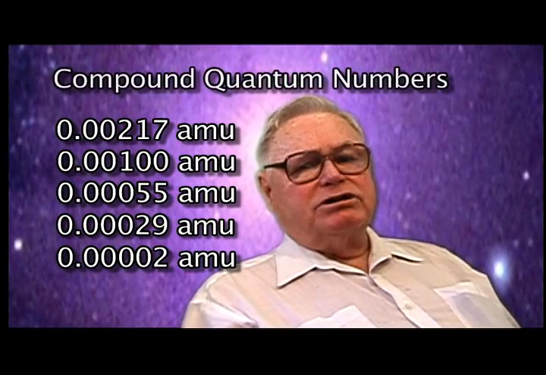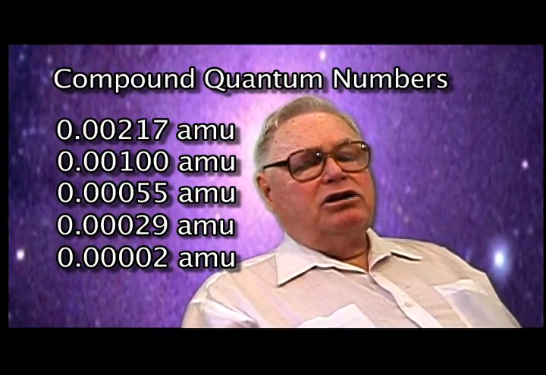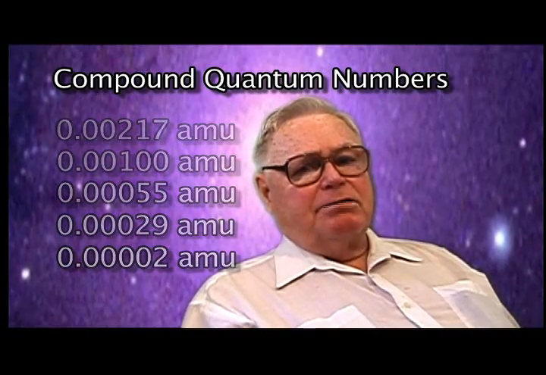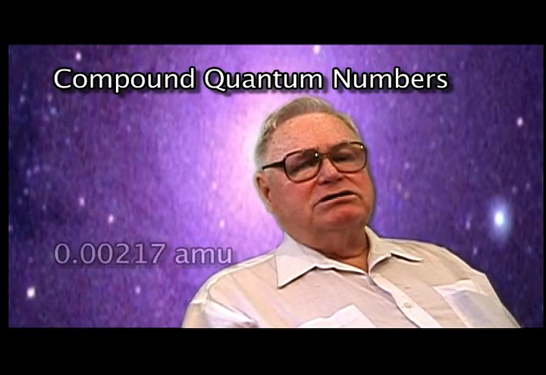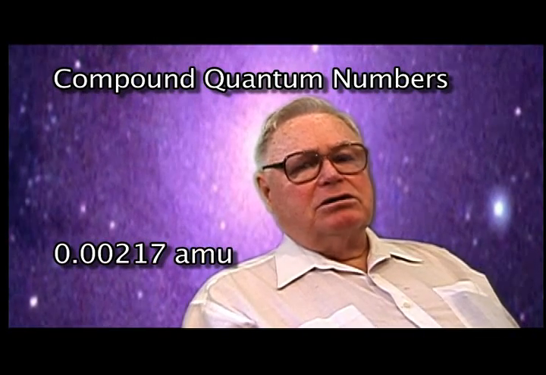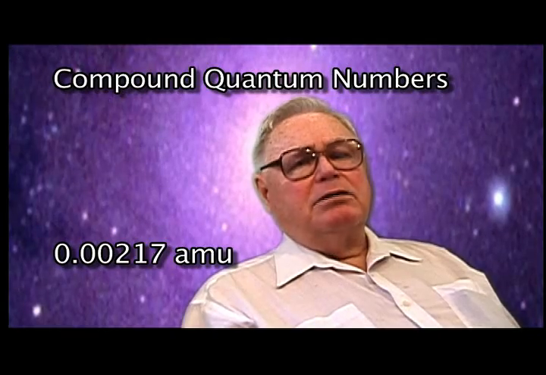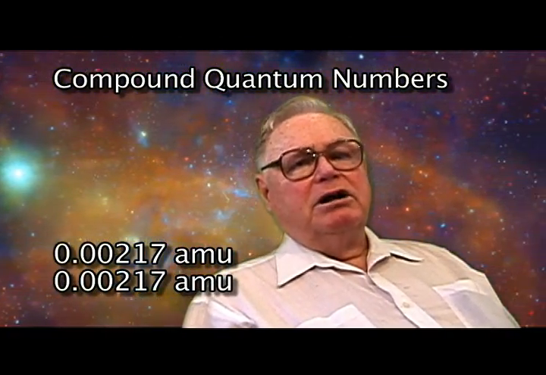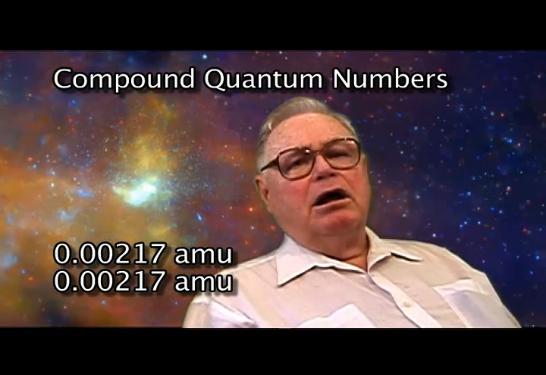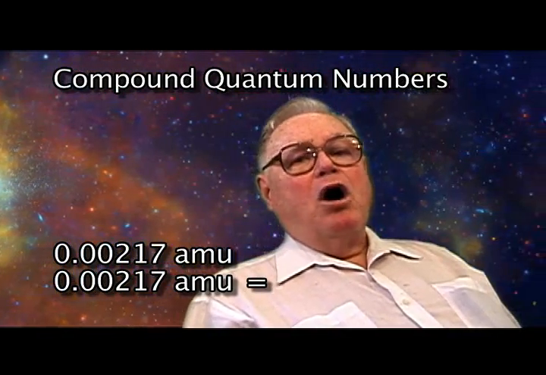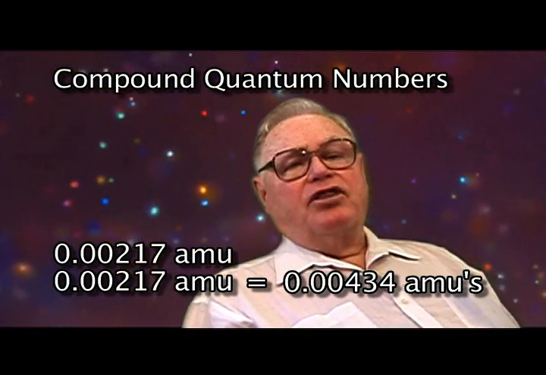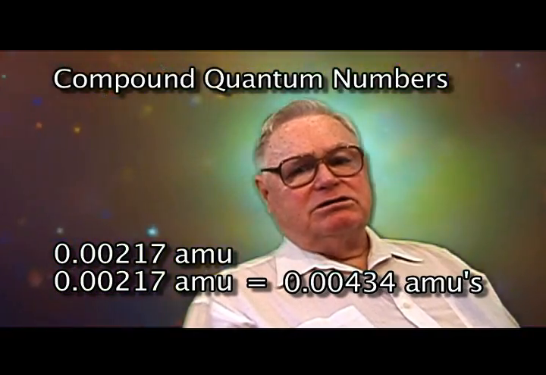These 5 numbers can be combined to make compound quantum numbers. An example of a quantum compound number is the number 0.00217 atomic mass unit added to a like number of 0.00217 atomic mass unit to form 1 unit of 0.00434 atomic mass units.